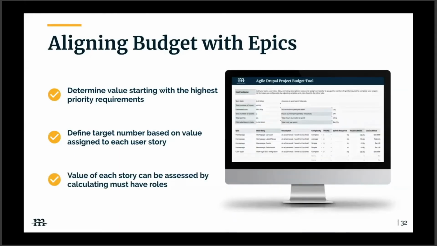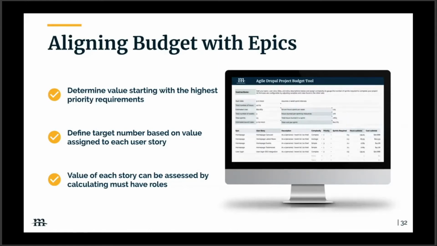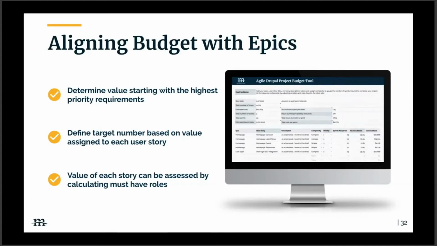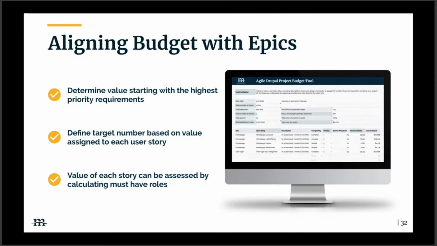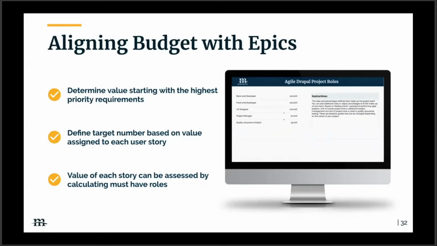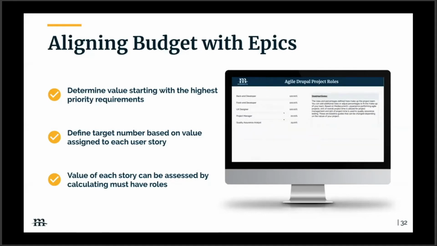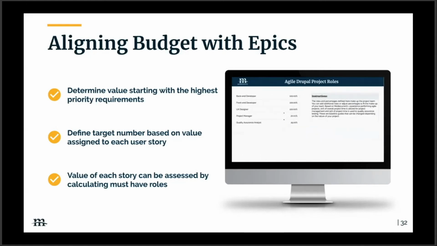So the formula that we're showing on the screen is some tooling to make sure that you can bring that accuracy to life. So picking up on where Paul left off, start with a high priority requirement, focus on that specifically, define a target number based on the value that is assigned to each story in that requirement.